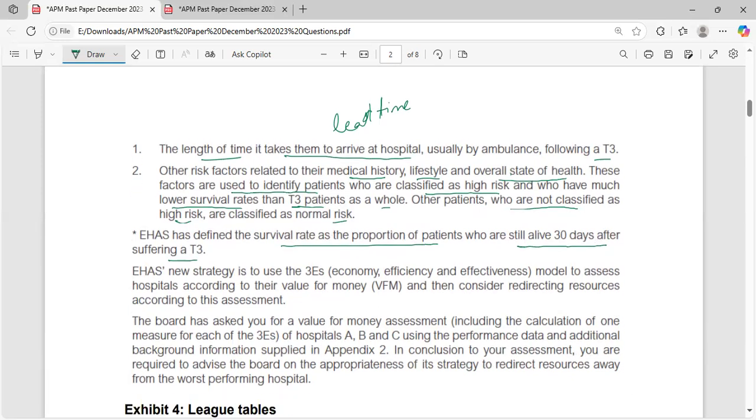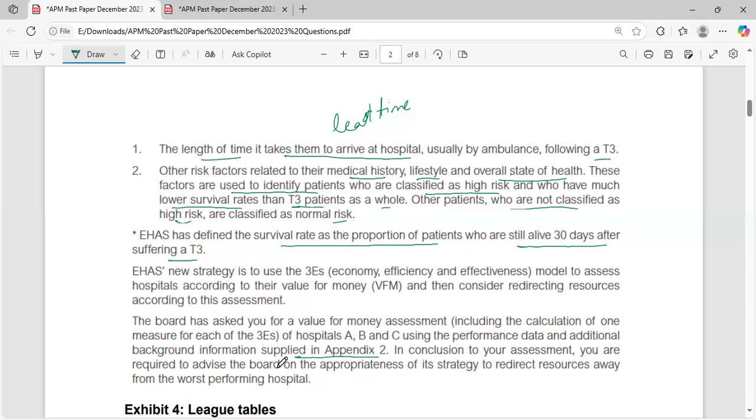EHS's new strategy is to use the three E's model, economy, efficiency, effectiveness, to assess hospitals according to their value for money and then consider redirecting resources according to this assessment. The board has asked you for a value for money assessment of hospitals A, B, and C using the performance data and additional background information supplied in Appendix 2.